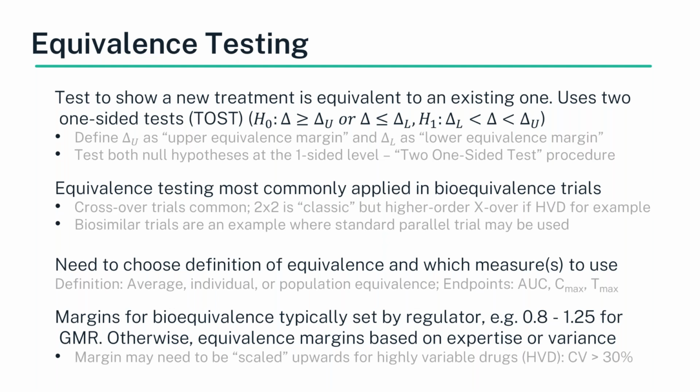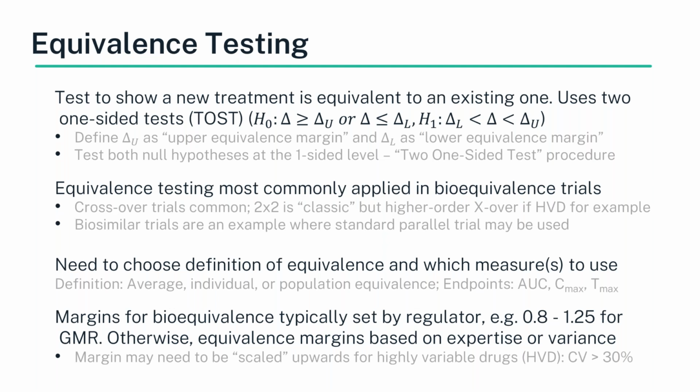Another consideration for equivalence testing is the definition of equivalence to use. In most cases, this is going to be average bioequivalence. This is what is used in obtaining regulatory approval for generic medicines. Individual and population bioequivalence deal with switchability and prescribability.